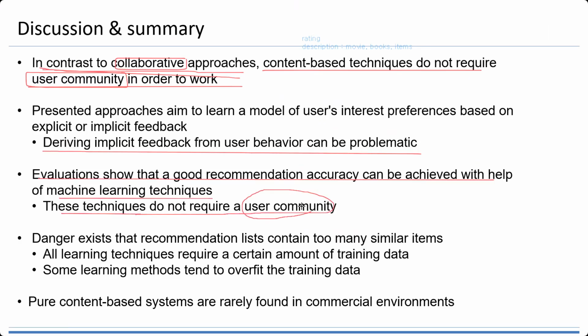You can put the documents with the relevant terms using the TF-IDF or using the count and etc. Danger exists that recommendation lists contain too many similar items. So all learning techniques require a certain amount of training data, and some learning methods tend to overfit the training data. So this is the problem of overfitting.